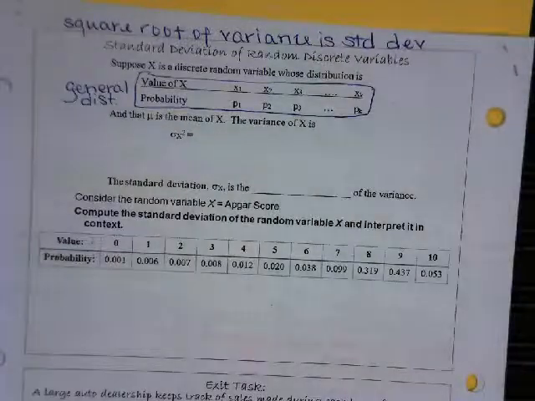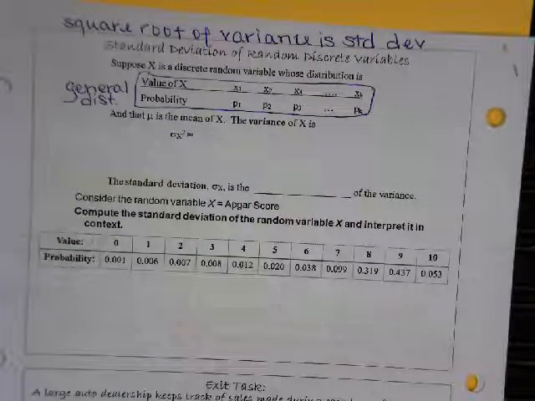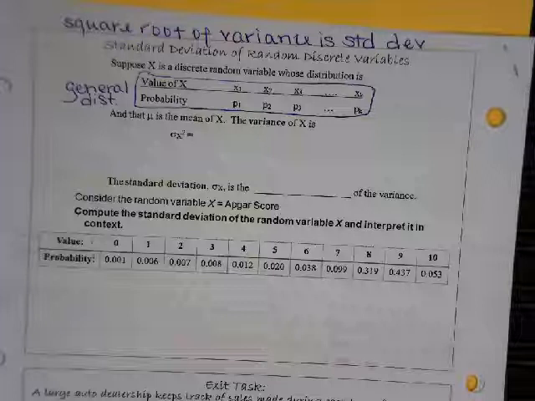So to find the variance, we would take each value of x, find out how far away from the mean it is, and then we would square it, multiply it by its probability, and add it to the next value subtracted from the mean, squared, multiplied by its probability.